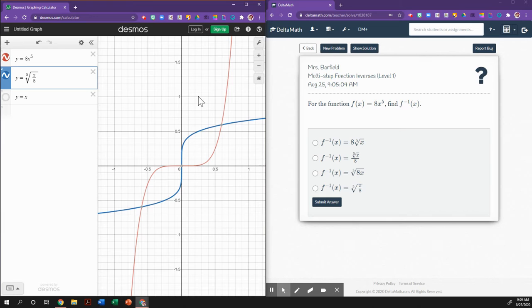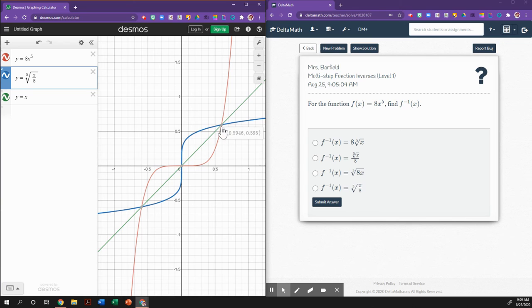You can see now the red is the original function, and the blue is the inverse function. Well, why is it the inverse? It's because if I take the line y equals x and draw it now in green, I get this symmetry.